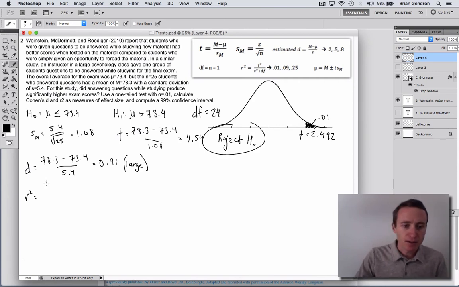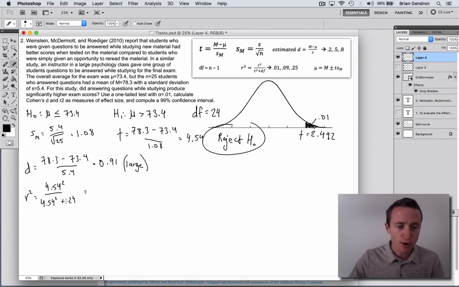Well, let's calculate this. So 4.54 squared over 4.54 squared plus 24. 24 is our degrees of freedom.